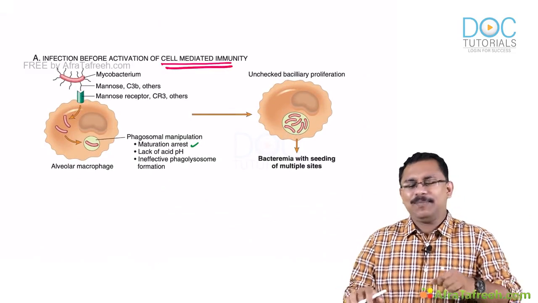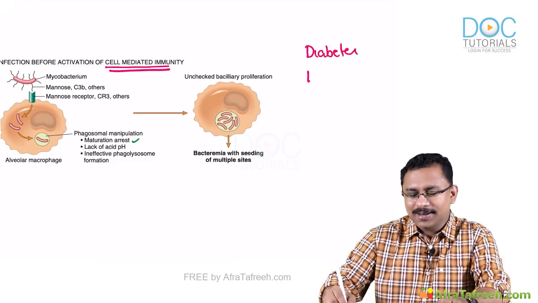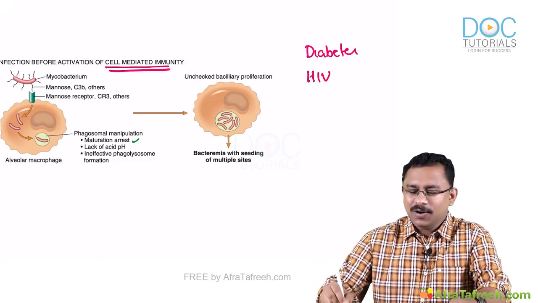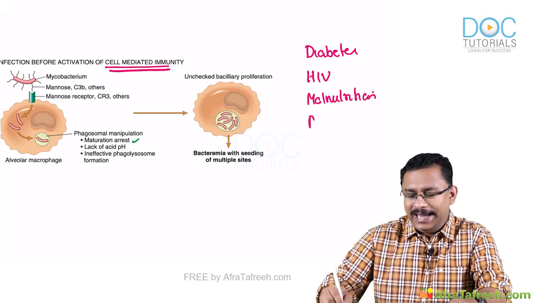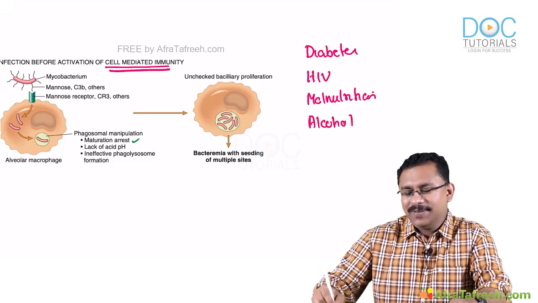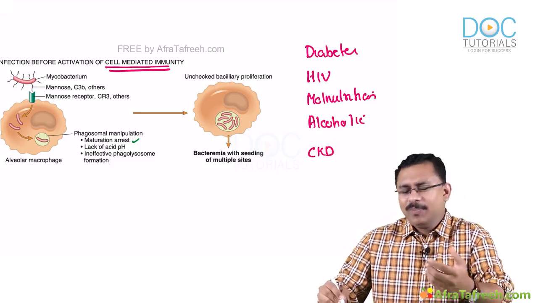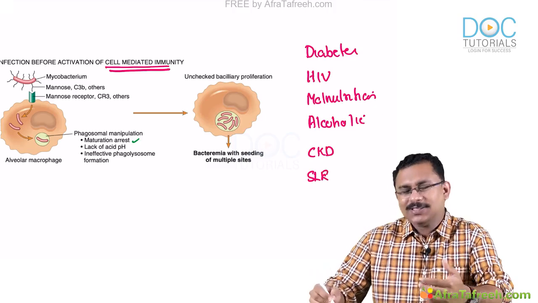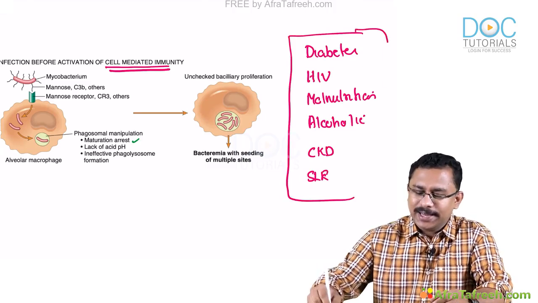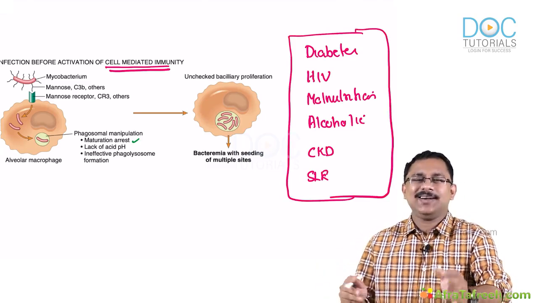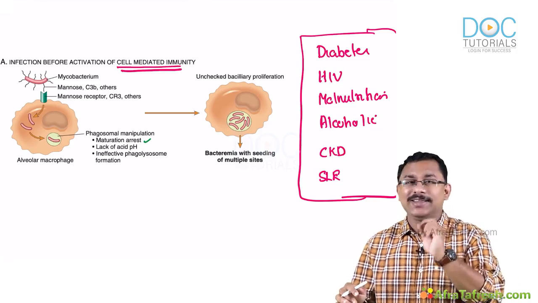So maybe he is a patient with diabetes, or maybe he has a retroviral infection, or malnutrition, or maybe he is an alcoholic, or he has some other chronic illness like chronic kidney disease, or some illness for which he is on steroids, like SLE. If there are some contributory factors that have made Mr. X a bit immunocompromised, there is a chance that his cell-mediated immunity is not that great.